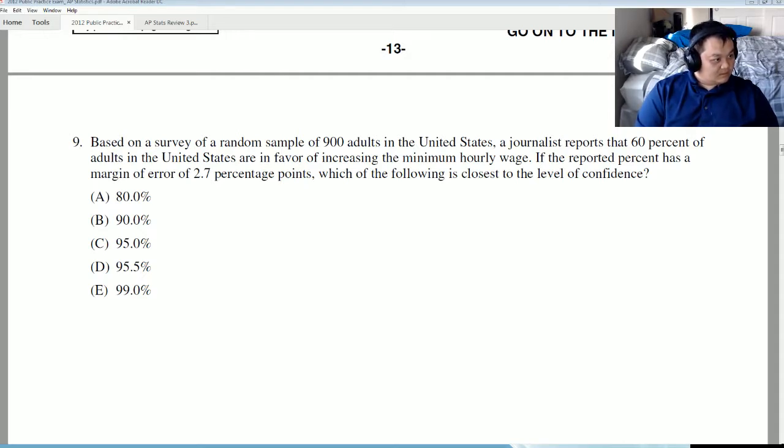Level of confidence. Margin of error of 2.7.